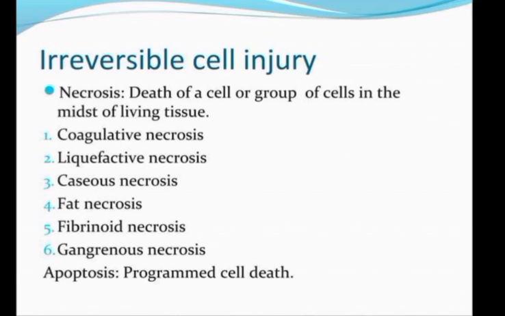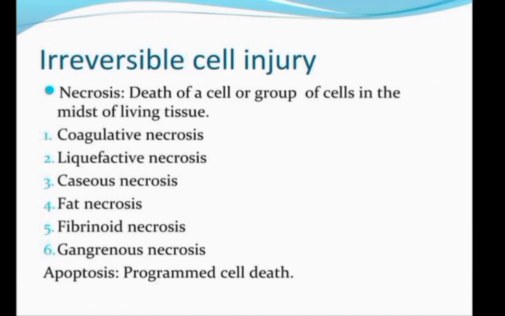Ischemia-reperfusion injury: when blood supply is restored to an injured tissue, three major mechanisms worsen the damage. First, calcium overload: reperfused blood brings more calcium, and the injured cell cannot regulate calcium because ATP is low, resulting in further membrane damage.